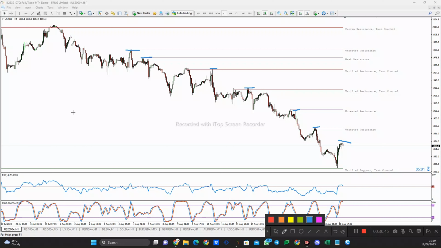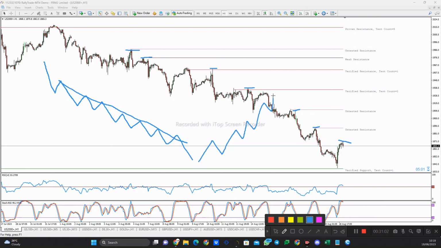So what you want to do, after you have drawn your chart, is to link your highs if it's on a downtrend, and if it's on an uptrend, you want to link your lows.